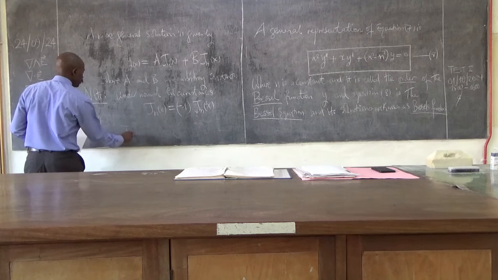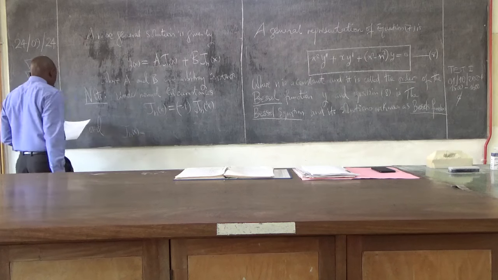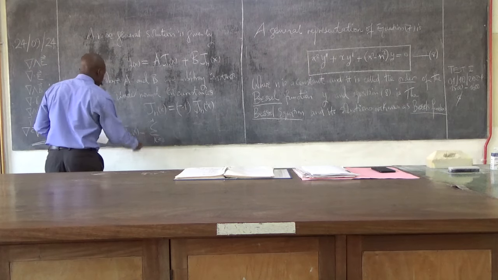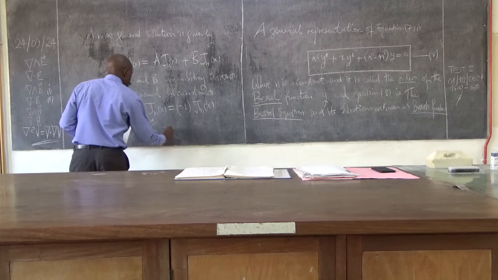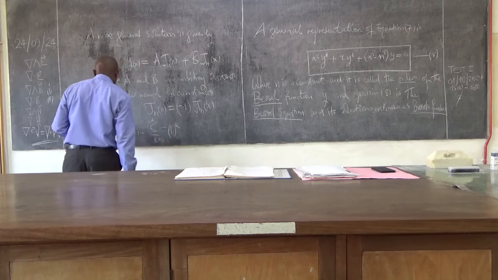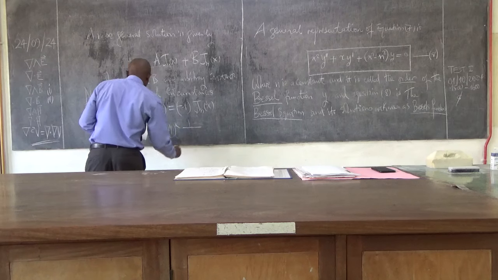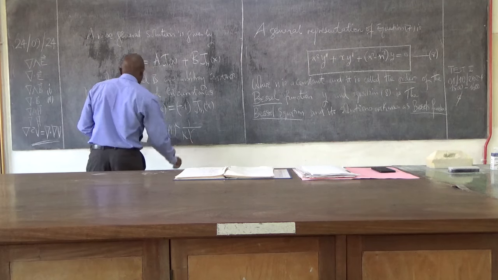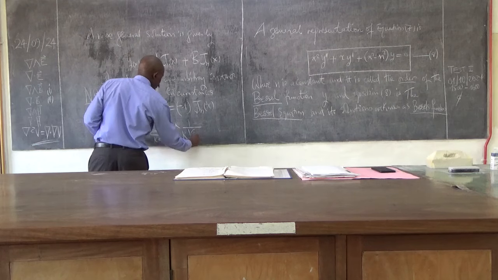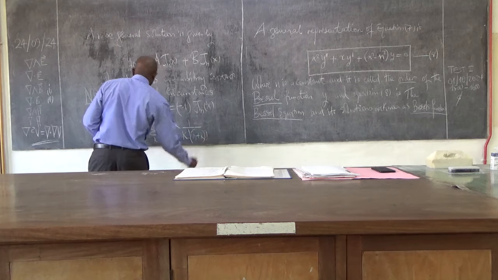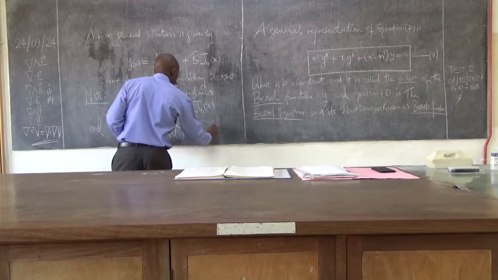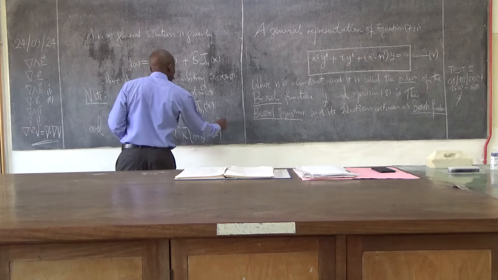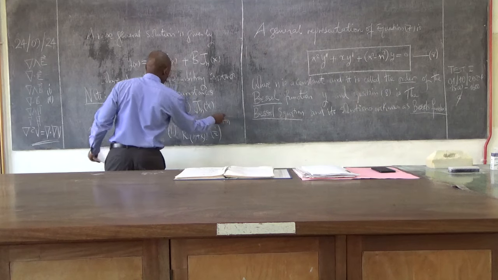So Jn(x) will be equal to the summation k equal to 0 up to infinity of minus 1 to the k, 1 over k factorial times (n plus k) factorial, then x over 2 to the power 2k plus n.